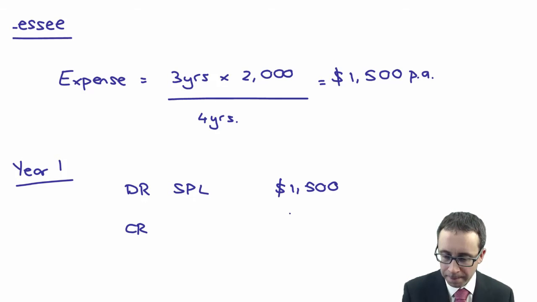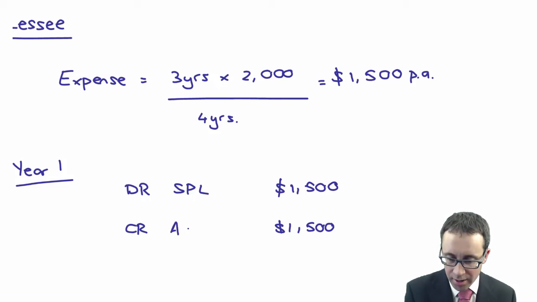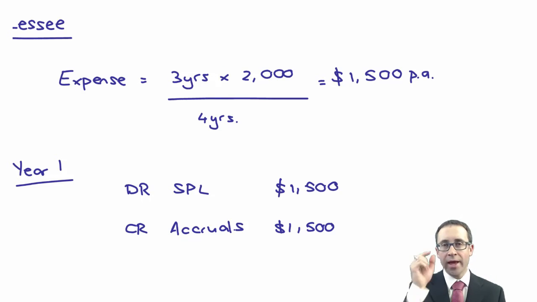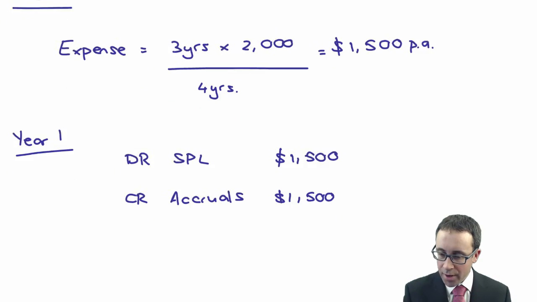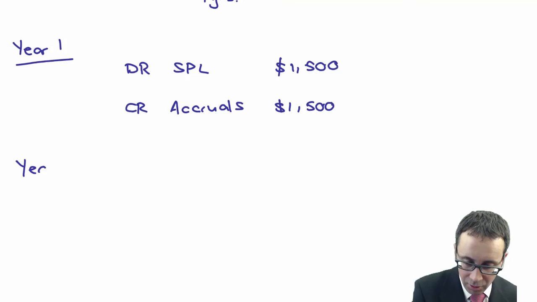It's a rent-free period. So we process a credit of 1,500, but that credit is to an accruals account because we have accrued the expense for the year. Then let's look at the subsequent years.